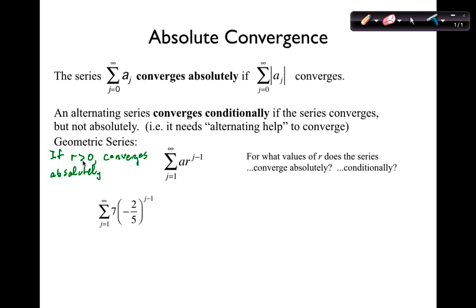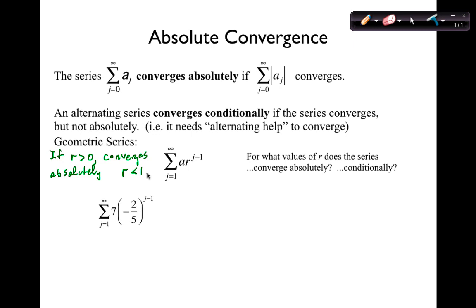So if r is greater than 0, the point is you don't even have to put the absolute value on. They're all the same sign. So when does it converge? Then it's converging absolutely. So when does it converge absolutely? Less than 1, right? If r is less than 1.